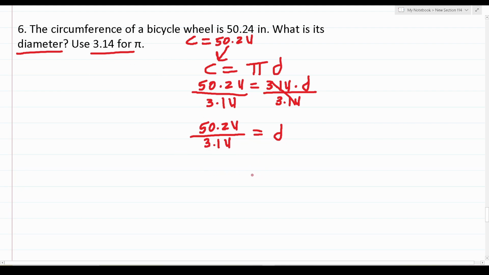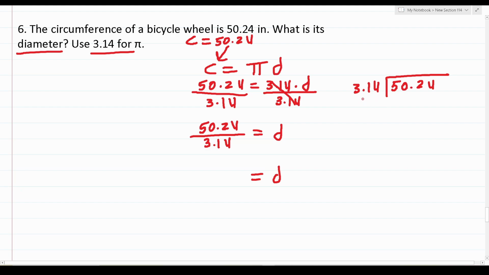In other words, by doing 50.24 divided by 3.14, we'll know what the diameter of this bicycle wheel is. And in case you haven't worked with decimals in a long time, we can go ahead and write this first like this. This says 50.24 divided by 3.14. When you're dividing decimals like this, you can't have a decimal outside the division bracket.